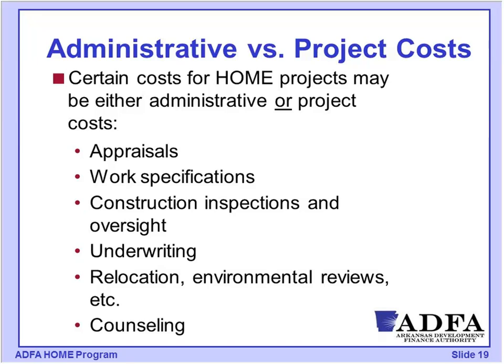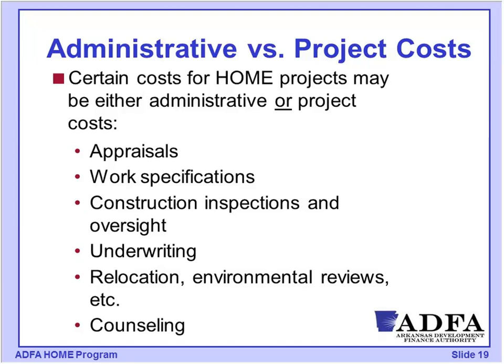Now, the key to being able to charge something off to a project cost versus admin is that we need to have enough documentation to be able to know that it's related to a specific project. So let's take the work specifications and construction inspection as an example.